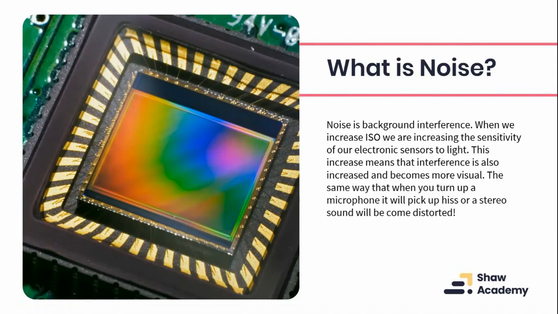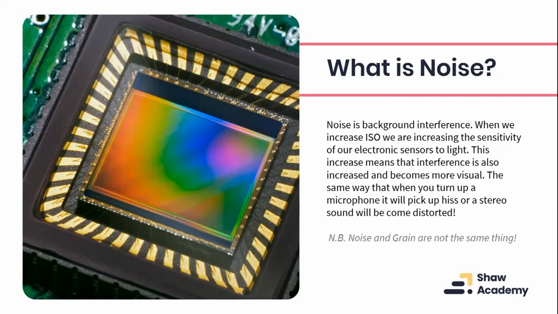Noise is the exact same idea here when it comes to ISO, except it's visual. When we increase sensitivity, we pick up more distortion, we pick up more noise, and it's visually represented in our footage.